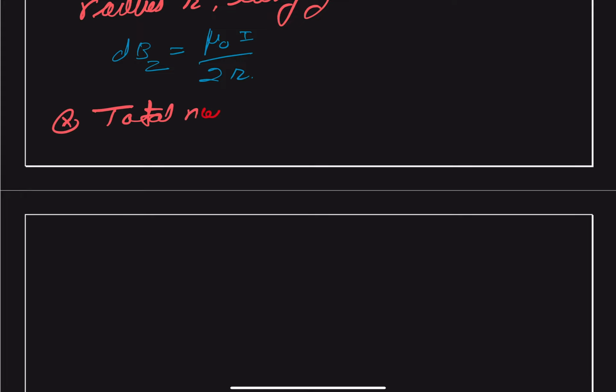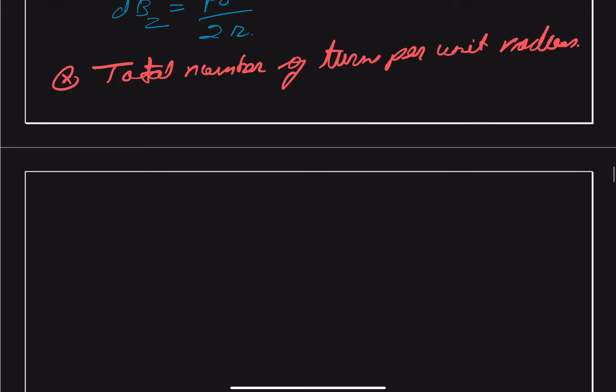The radial distance will be B minus A, because that is the inner radius as well as the outer radius.